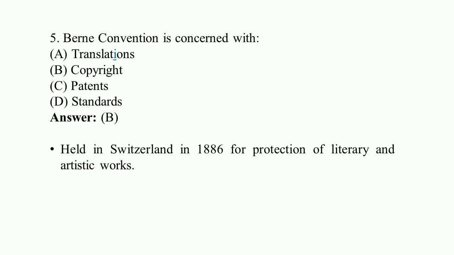It is a right of the author. Without his permission, no one can copy his literature, no one can publish his literature. This convention was held in Switzerland in 1886.